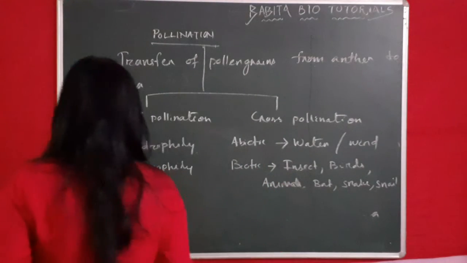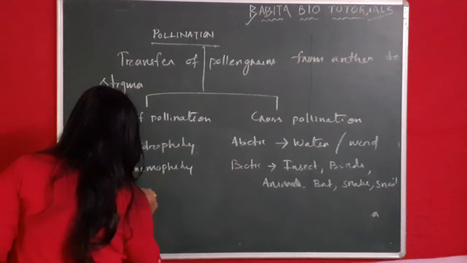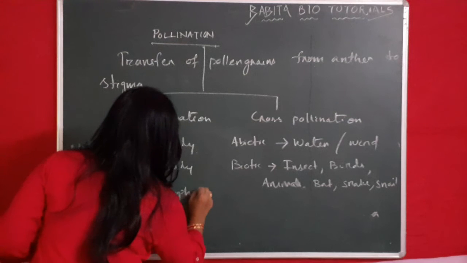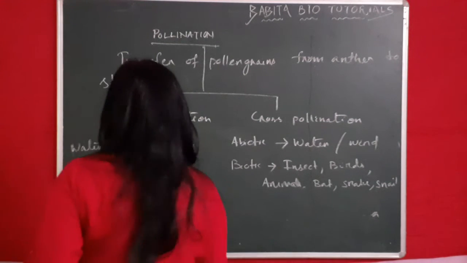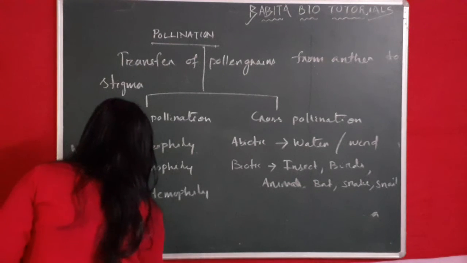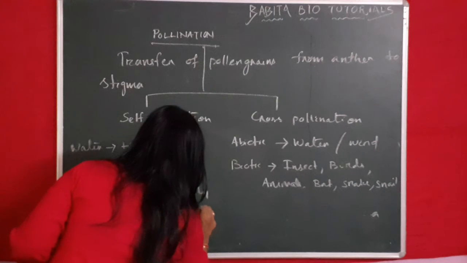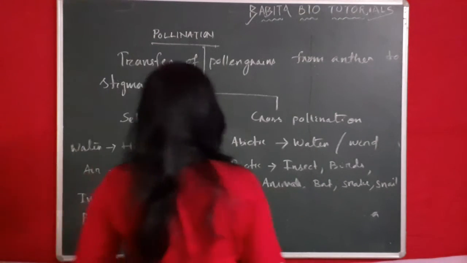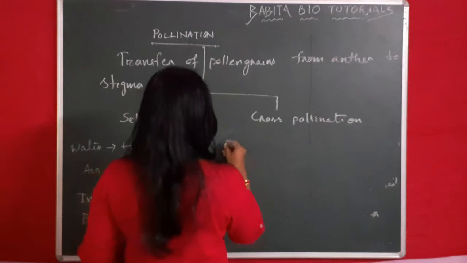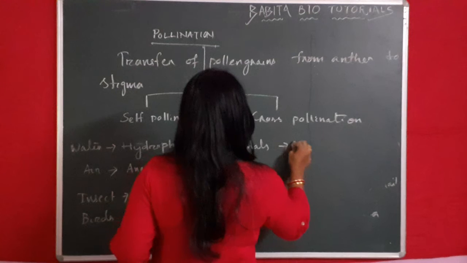When pollination is through insects, that is known as entomophily. When pollination is through birds, that is known as ornithophily. When pollination is through animals, that is known as zoophily.